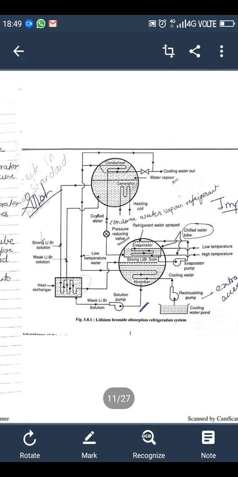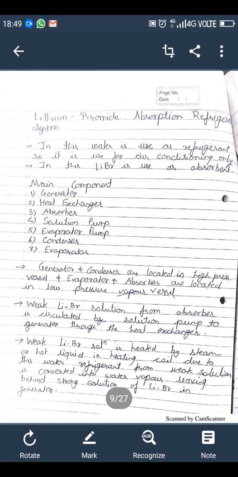Similarly, we have another concept, the lithium bromide absorption system.